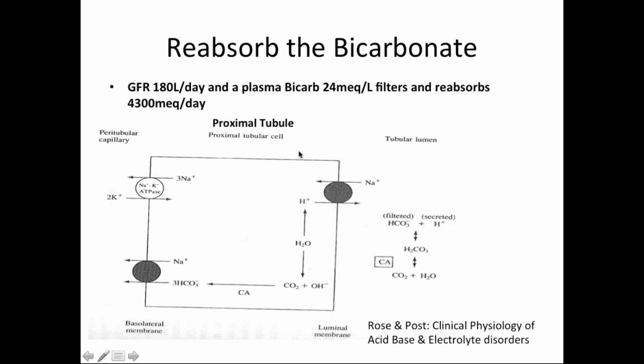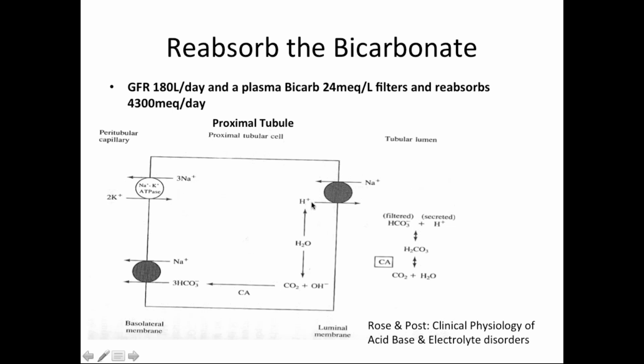In the proximal tubule is what we are showing in this figure here. The water that's inside the tubular cell will dissociate into hydrogen ion and hydroxide ion. The hydroxyl will combine with the CO2 with carbonic anhydrase and make a bicarb. The bicarb will be reabsorbed with sodium into the peritubular capillary, and this is assisted by energy from the sodium potassium ATPase as well as the charge from the sodium potassium ATPase that is generated as well.